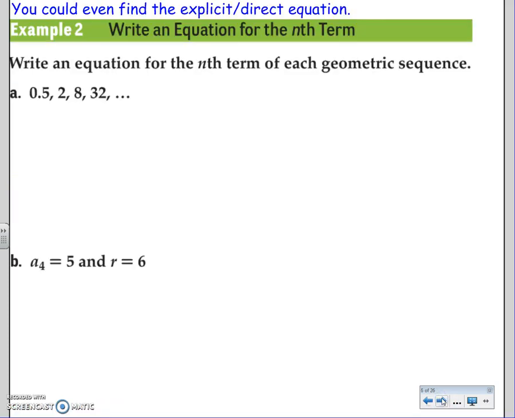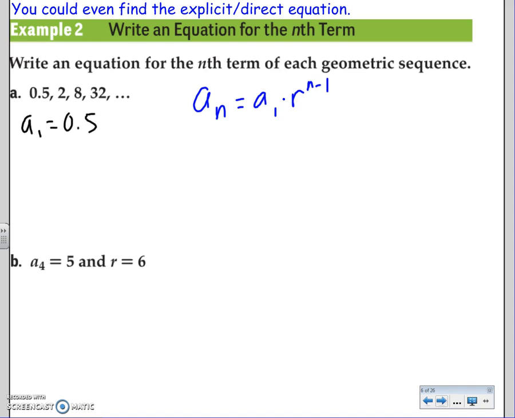Alright, you can also find the explicit or direct equation by using the formula we did before. Let's write an equation for the nth term of each geometric sequence. So to do that, I'm going to write the formula. a sub n equals a sub 1 times r to the n minus 1 power. We need to find r. We have a sub 1, so that's nice. a sub 1 is 0.5.